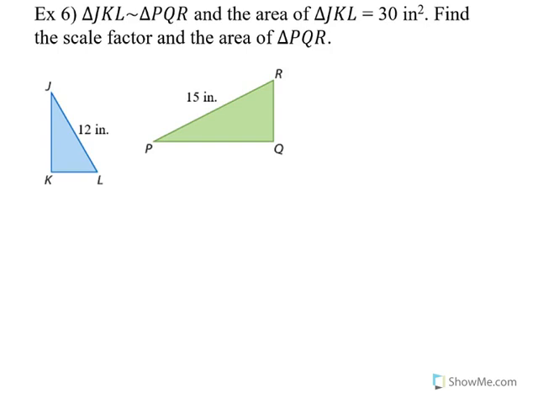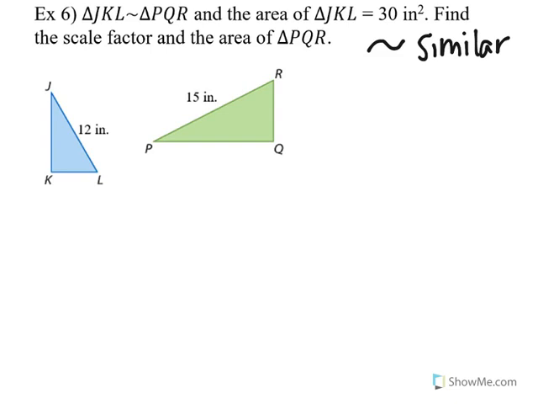In example 6, triangle JKL is similar. Remember, this little symbol means similar. If we were in class, I would ask, does anyone remember what similar means? I would hope we'd remember it means the same shape, but not exactly the same size. When we started learning similarity, I showed you the rubber duck video, how the ducks were the same type of duck, but just getting bigger and bigger.